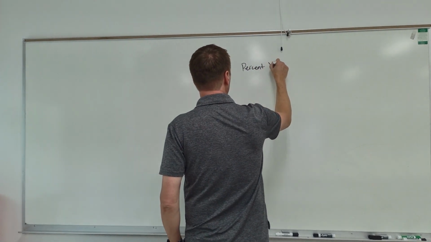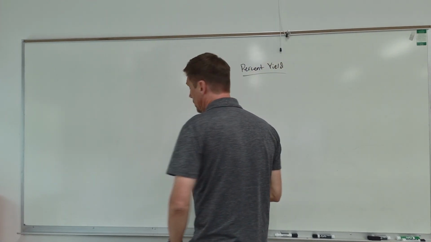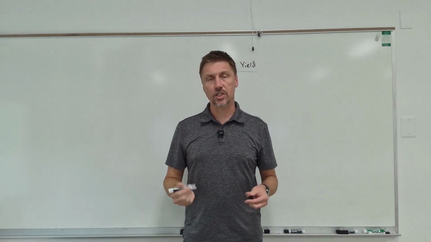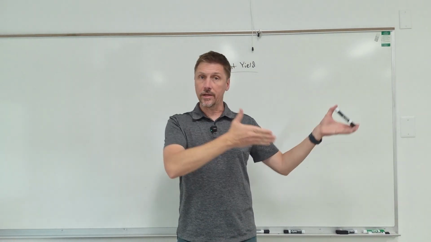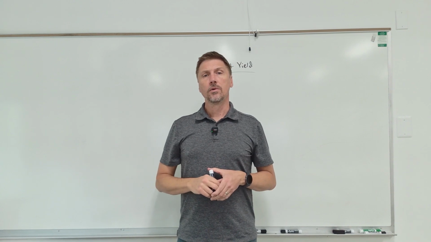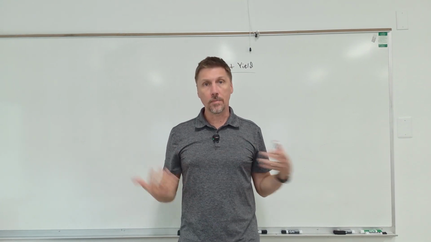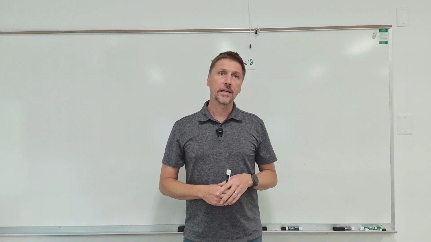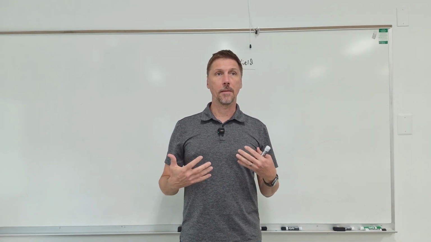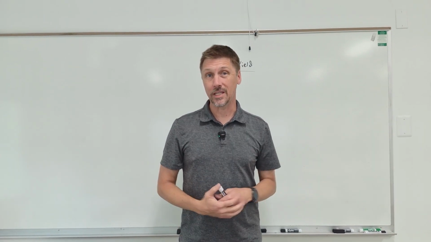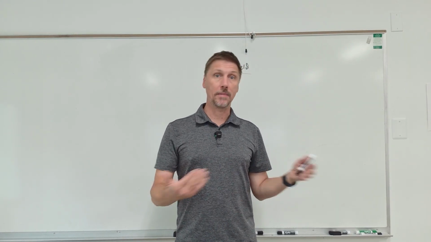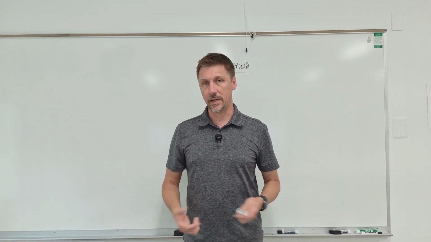Basically, whenever we do an experiment in the lab, there's an expected yield, right? There's an expected amount of product that's going to be produced whenever we perform a particular chemical reaction. However, the reality is that the amount of product that we end up producing is usually, almost always, not the same as the product that we expected to produce.